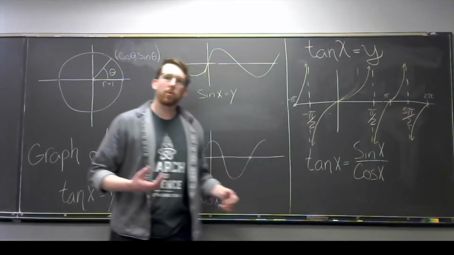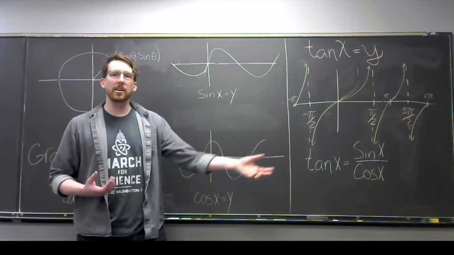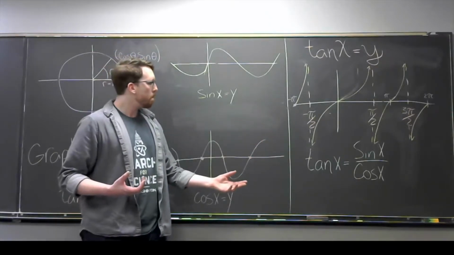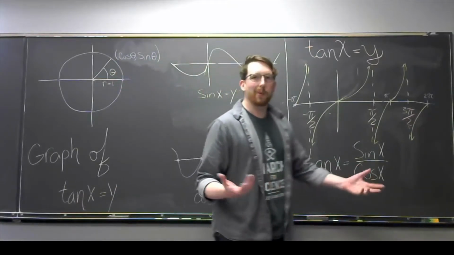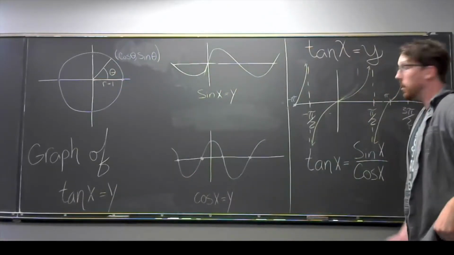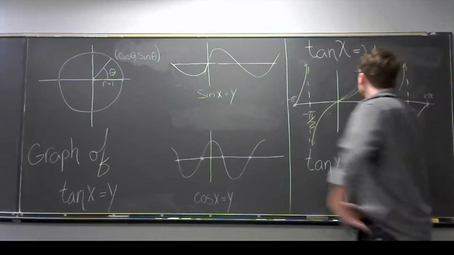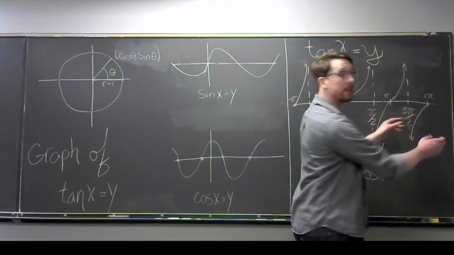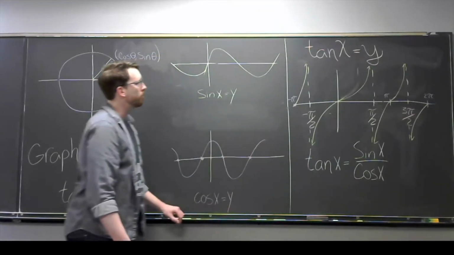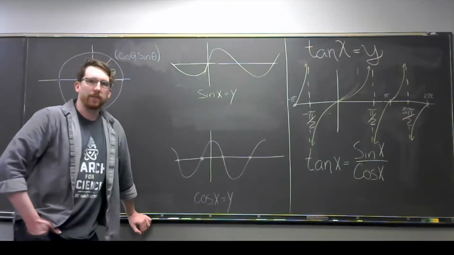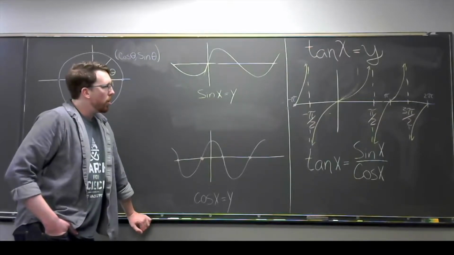But we also know that you can never divide by 0. So this has got to be the reason why, right? And it is. The reason why we have these asymptotes is because these are the points where cosine is 0 and you can't divide by 0.